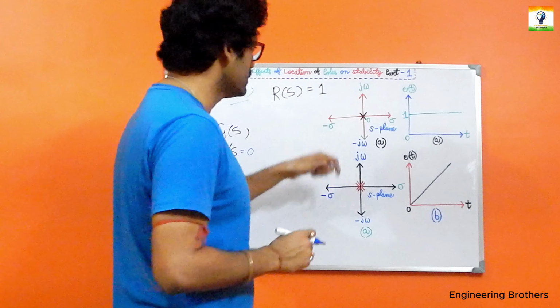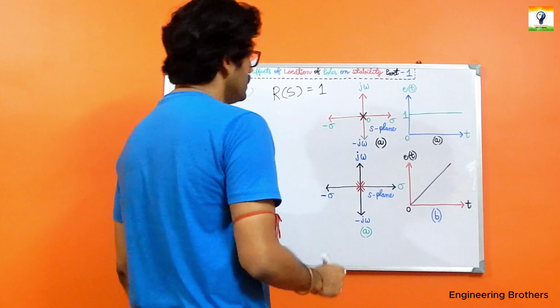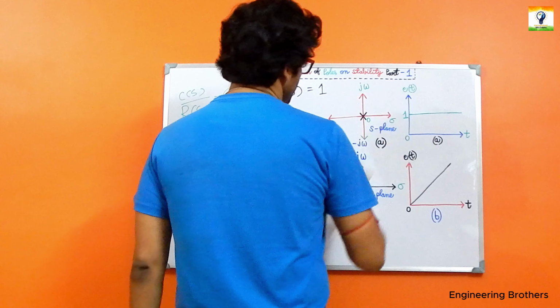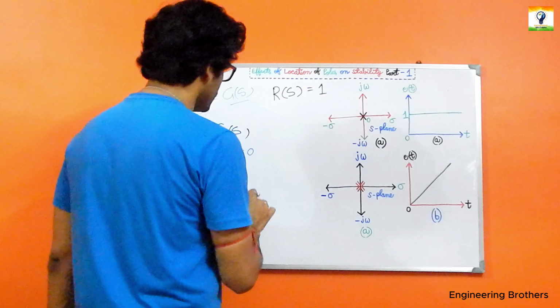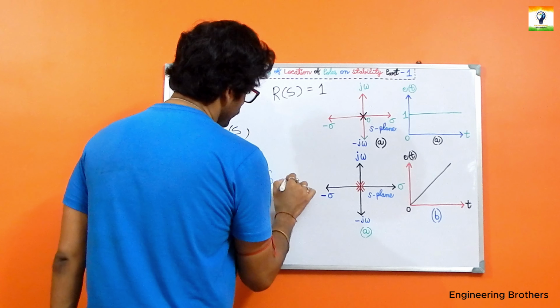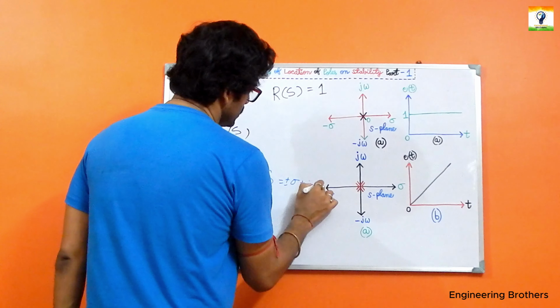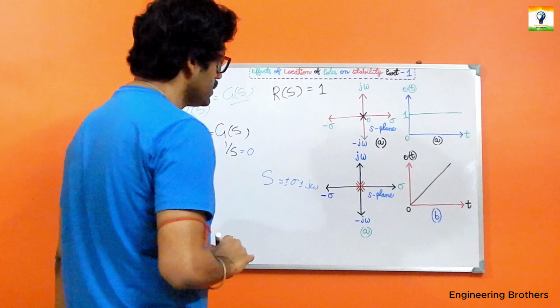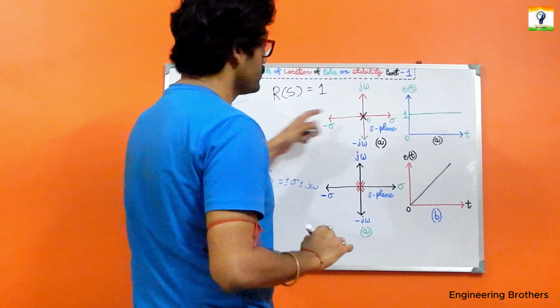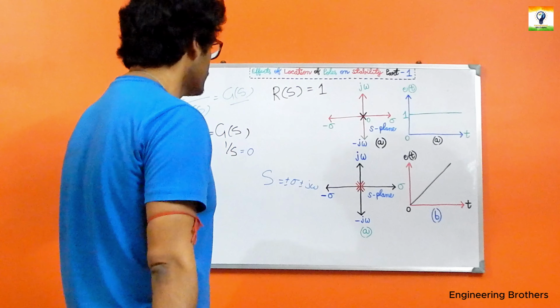Now quite naturally in this case, we have considered the s plane, which has the equation s equals sigma plus or minus j omega. This sigma gives us the real part of our s plane, and the j omega gives us the imaginary part of our s plane.